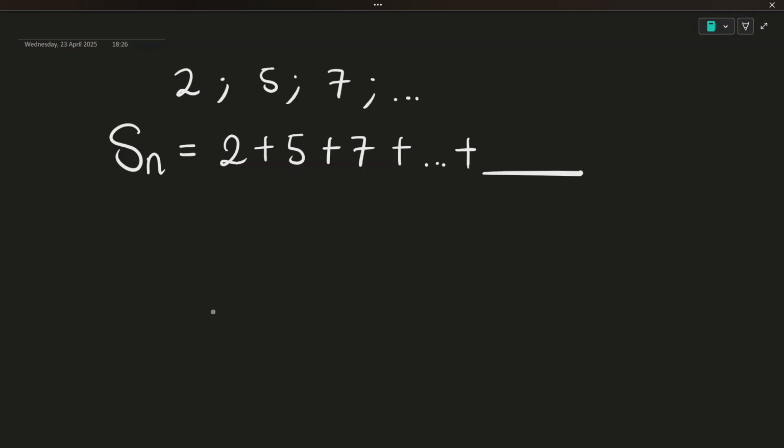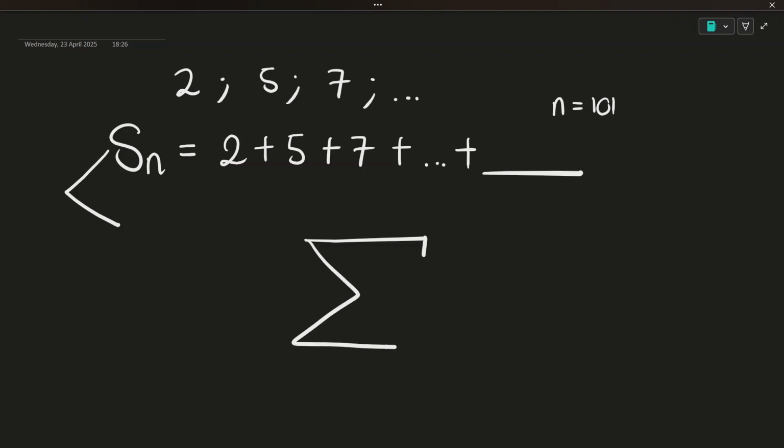What term do we know? We don't know it yet. So for interest's sake, we'll say this term is n equal to maybe 101, right? Now, sigma notation, I already said it before, it is shorthand. So we can basically express Sn in its sigma notation.